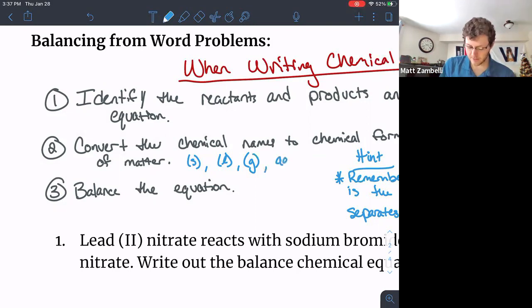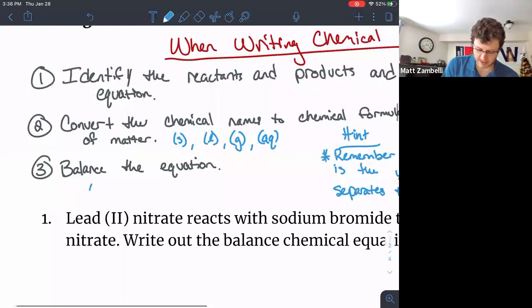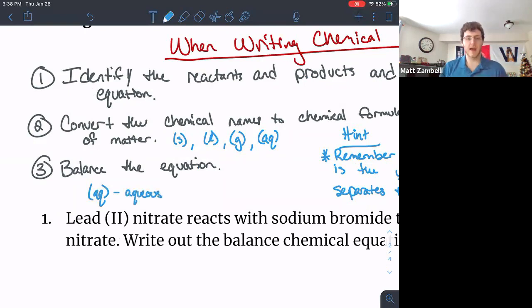AQ is going to be our symbol for it, and AQ stands for aqueous. That's when a solid is dissolved in a liquid, or in solution.